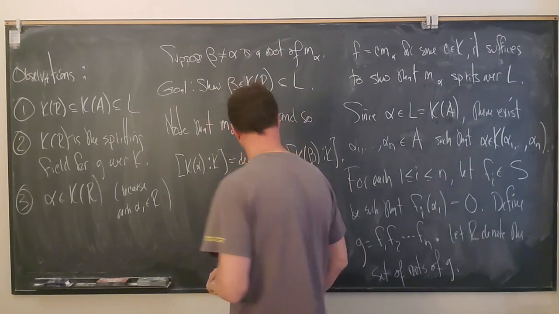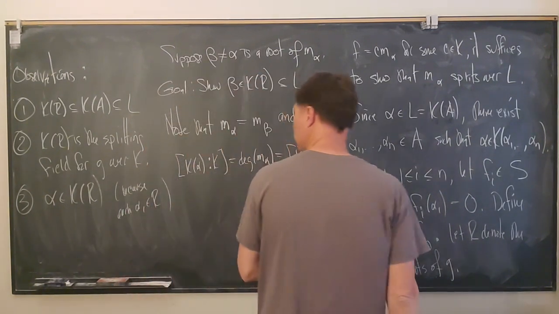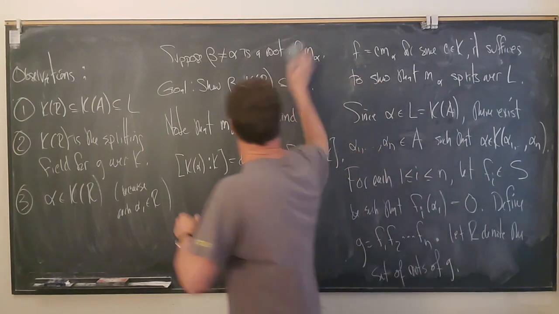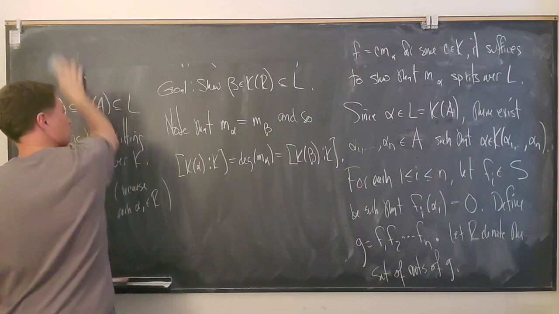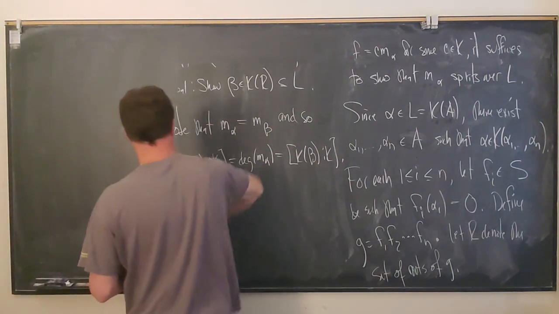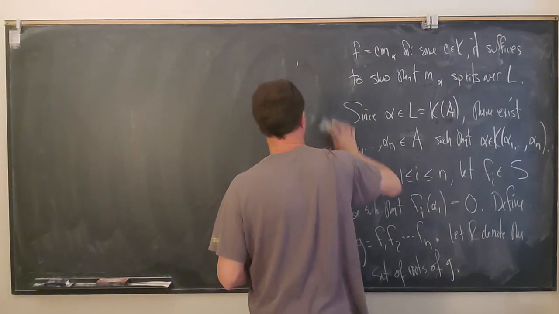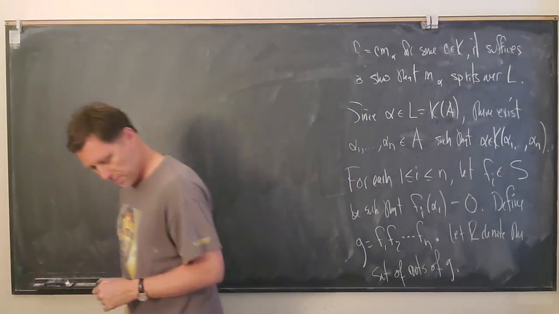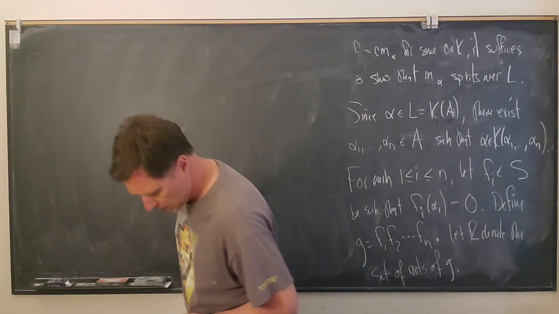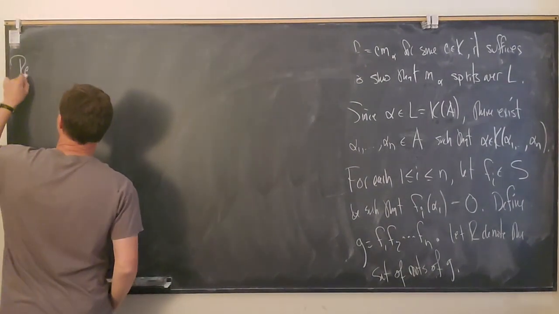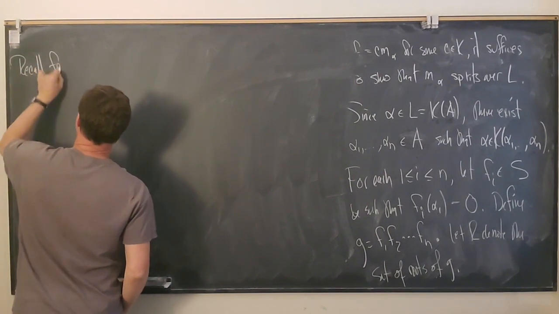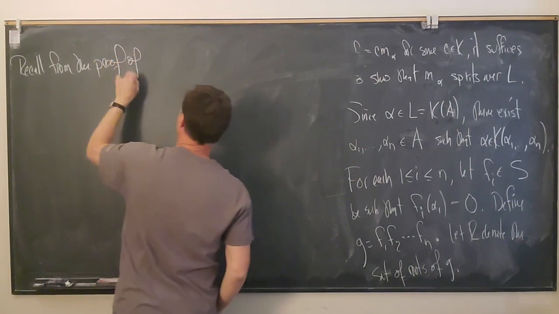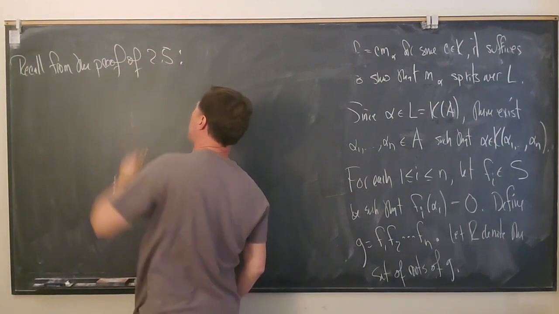So now, I need a little room, so I'm going to put it up here. I don't want to squeeze it over there. If you remember, this was back from the proof of 2.5. So recall from the proof of 2.5, we had this isomorphism.